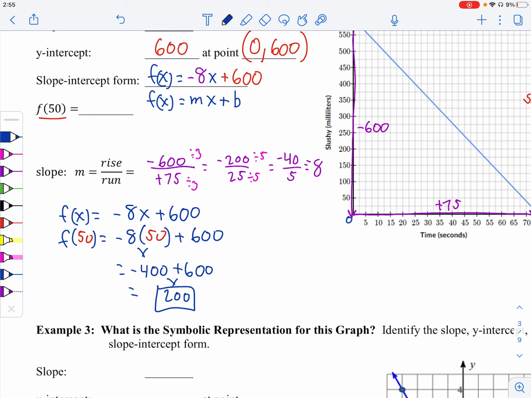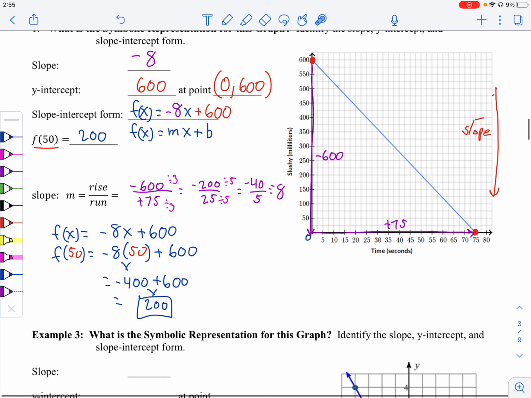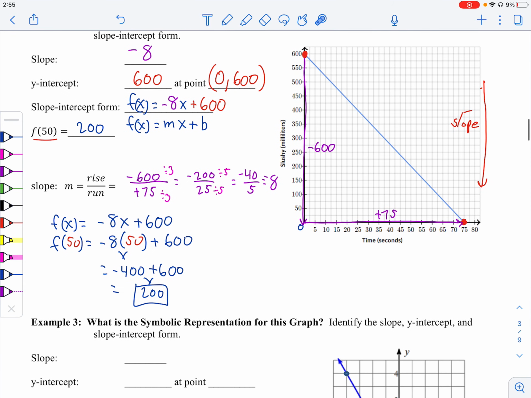So f of 50 equals 200. These are things we've done before, function notation. We just find our equation first, using our slope and y-intercept, and then we use our function notation. That's it. So let's go to our next example.